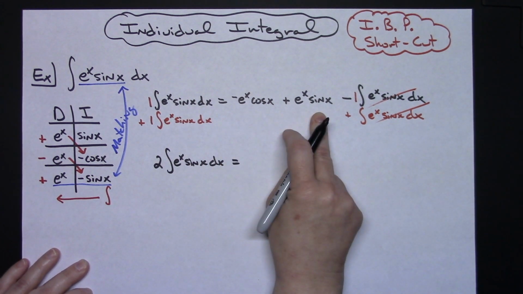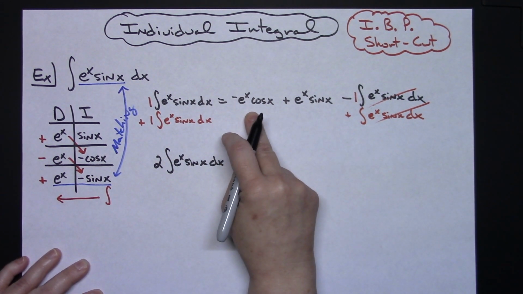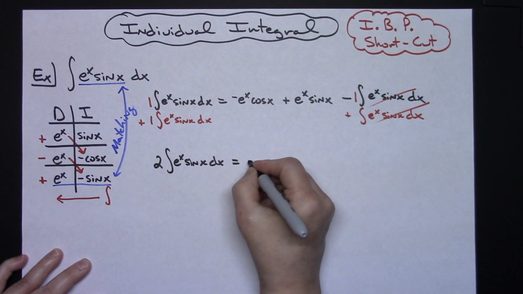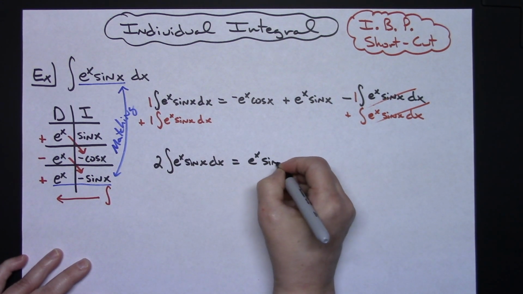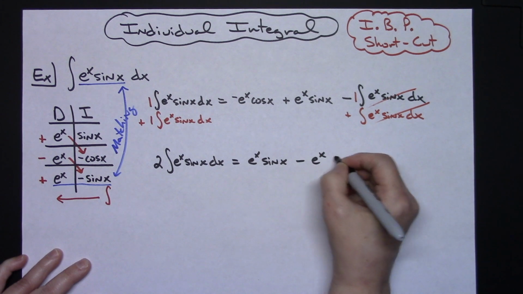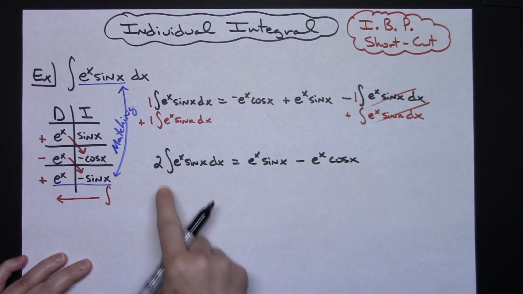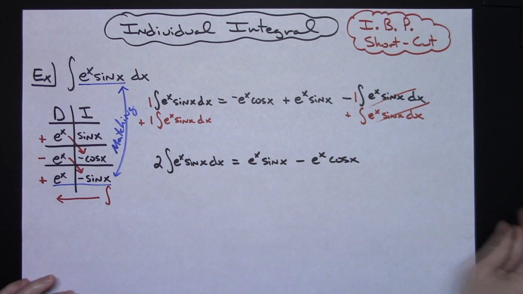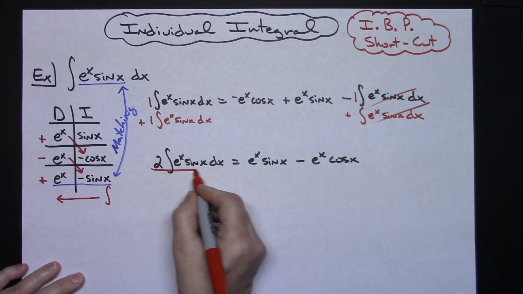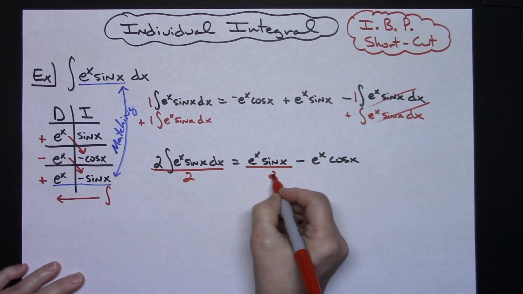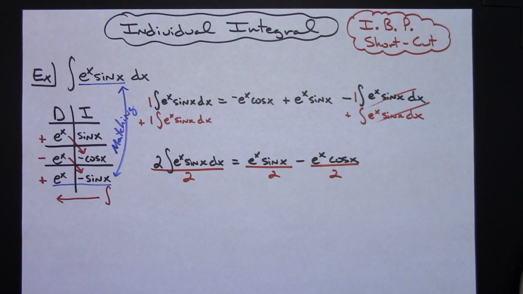And that is equal to, and at this point I think I'm going to rearrange those just because there's a leading negative right there, e to the x sine x minus e to the x cosine x. I've got a 2 out in front. I'm trying to solve this integral, so now I can divide by 2, divide by 2, and divide by 2.